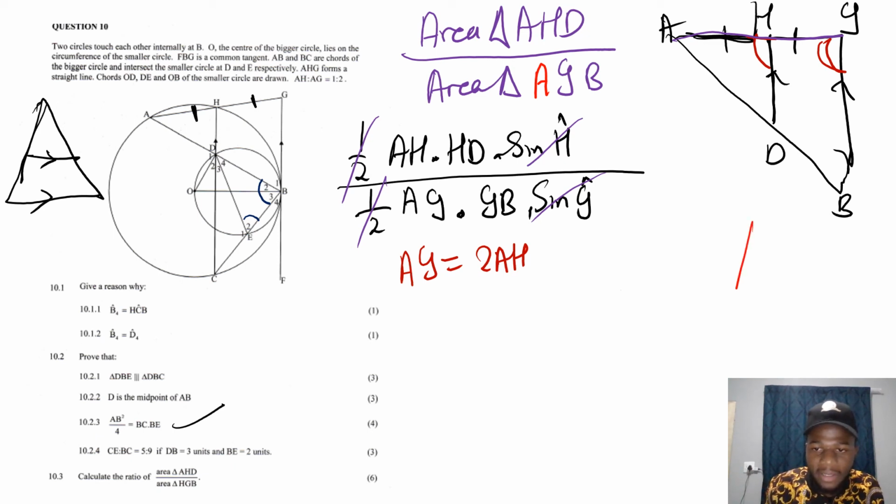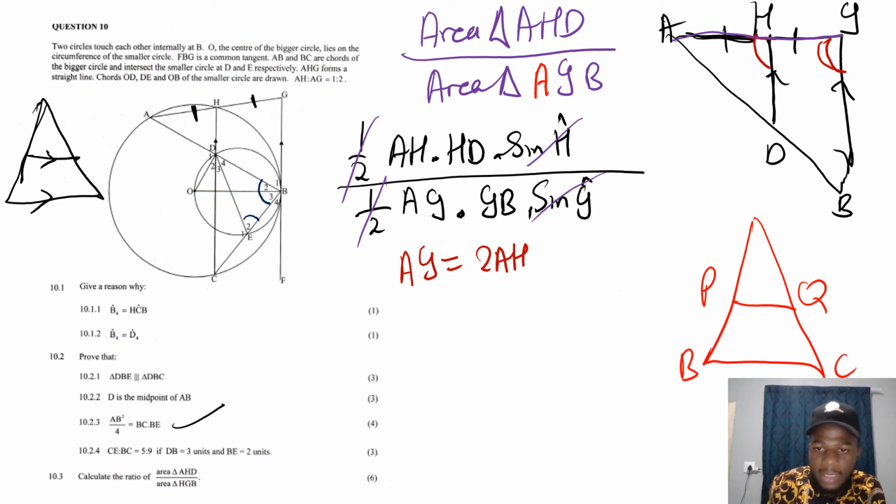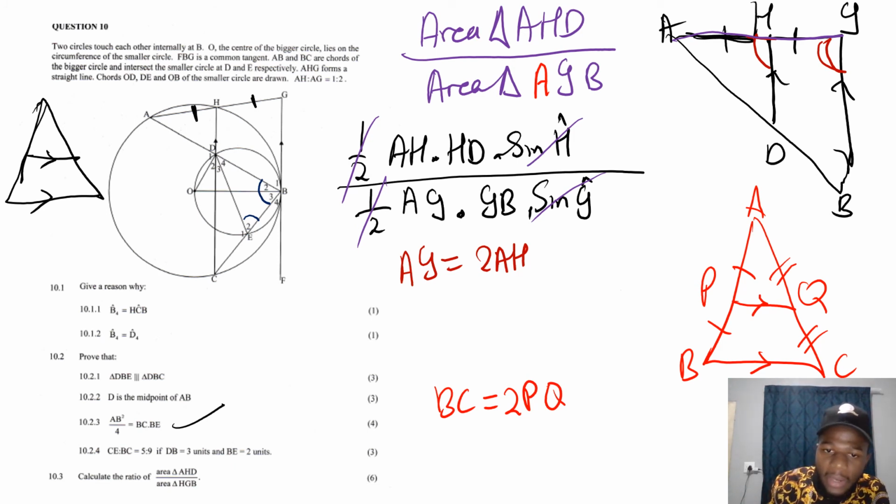So let's go to the other one. GB. You see this one. Let me give you an example. We have P, Q, B, and then C, and then A. If these two sides are equal, we have two parallel lines. So in this form, this is the midpoint theorem. It means BC is equal to 2PQ. So this is the same as this one. Here, GB is the same as 2HD.